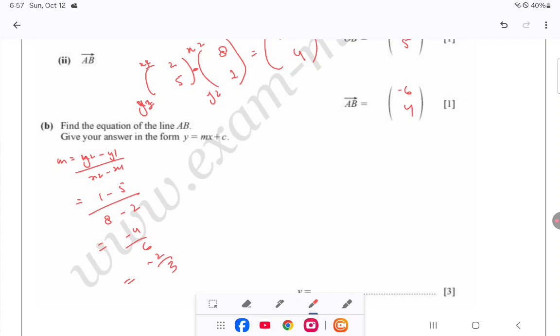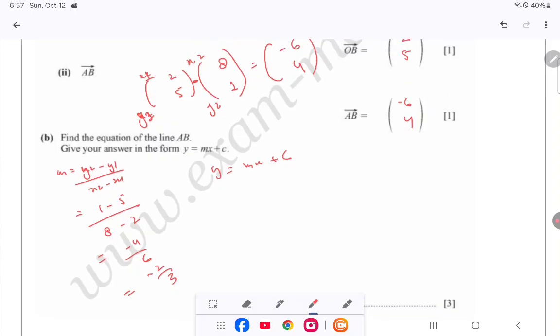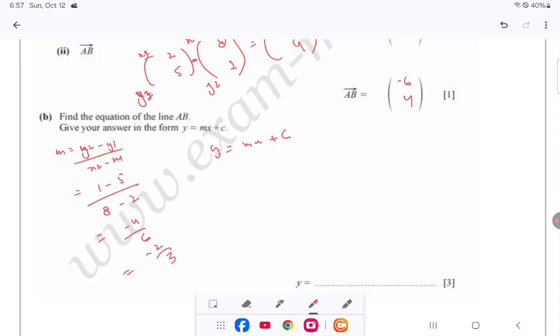Now for the c, y is equal to mx plus c. Put the point 1 comma 8, or you can put any of the points. I am choosing 1 comma 8. 1 is equal to minus 2 over 3 times 8, plus c. 1 is equal to negative 8 into 2 is 16 over 3 plus c.